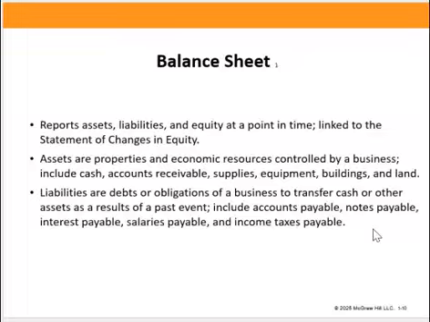Okay, like cash, accounts receivable, supplies. Then we have our liabilities, and our liabilities are debts or obligations of a business to transfer cash or other assets as a result of past events. So for example, our power bill. We get our power bill in the mail. That's an expense because we used power. But if we haven't paid for it yet, then it becomes an accounts payable.